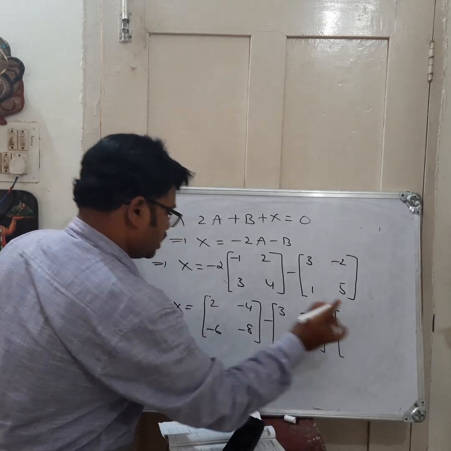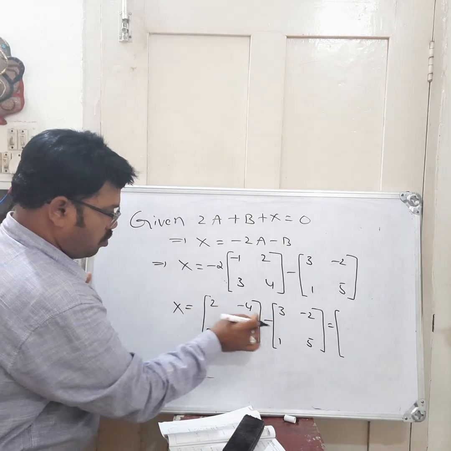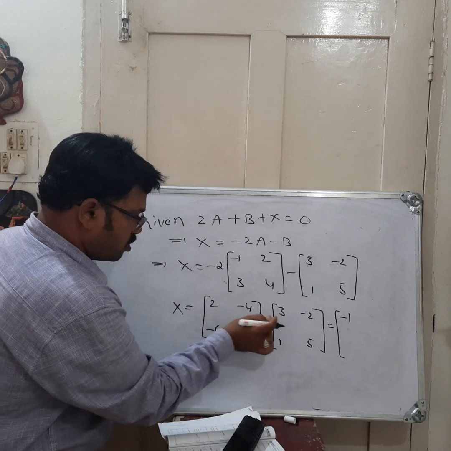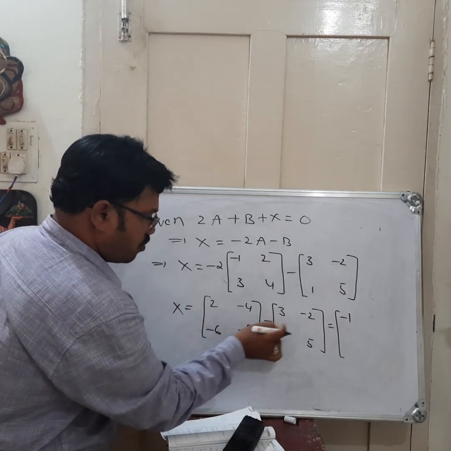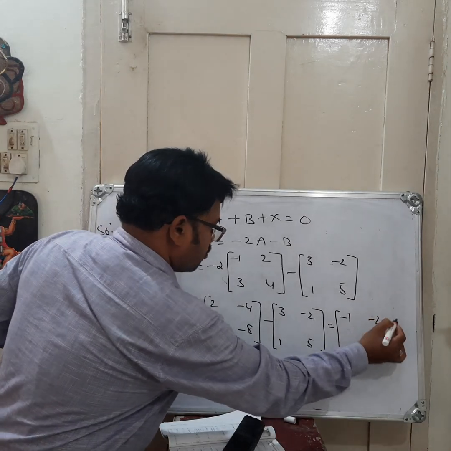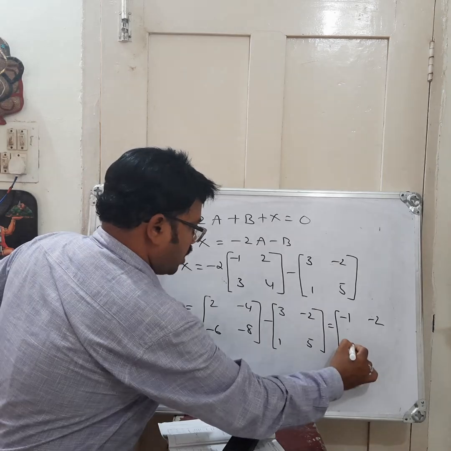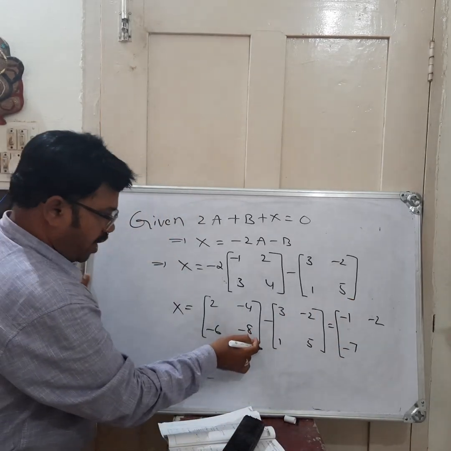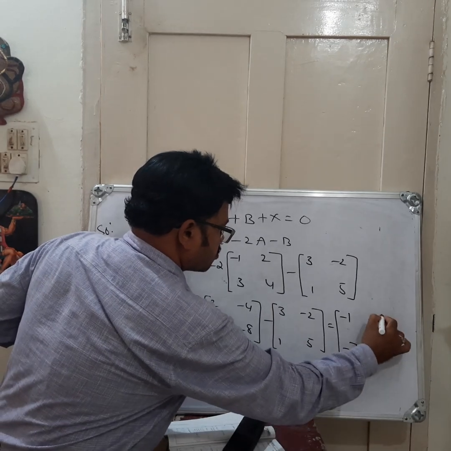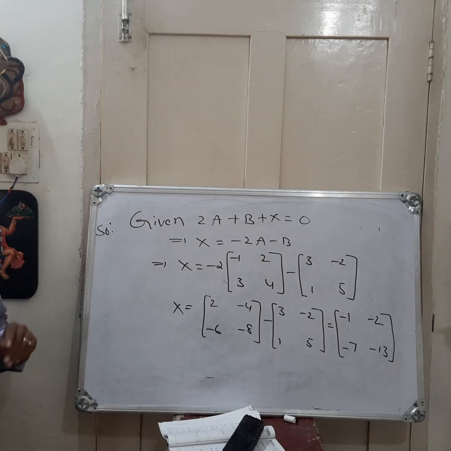Now, see, the difference between the corresponding elements of these two matrices: 2 minus 3 is minus 1, minus 4 minus of minus 2 is minus 4 plus 2, the difference is minus 2, and minus 6 minus 1 is minus 7, and next minus 8 minus 5 is minus 13. This is the required matrix X.